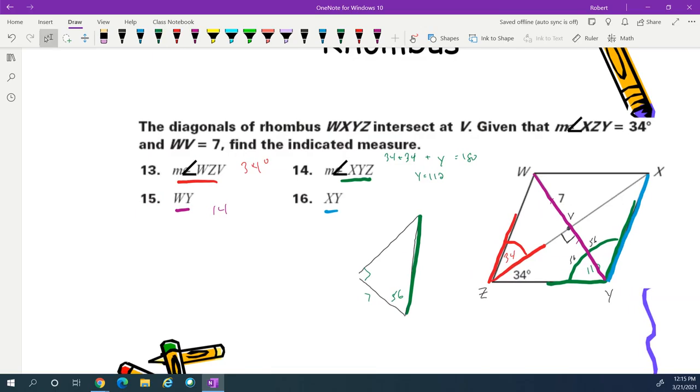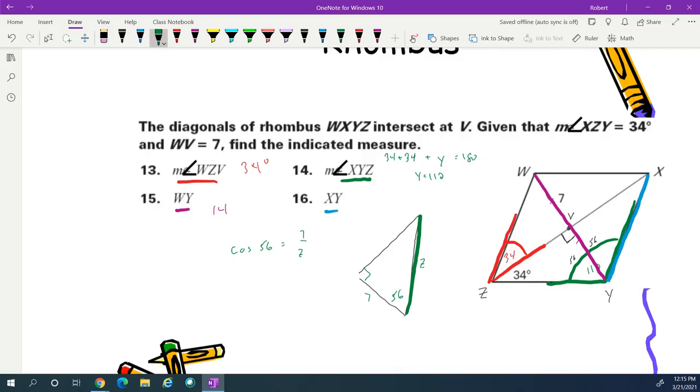Well, we're going to have to recall back here and do some trigonometry. The cosine of 56 degrees equals the adjacent over the hypotenuse. So I'm just going to give it a variable like z.